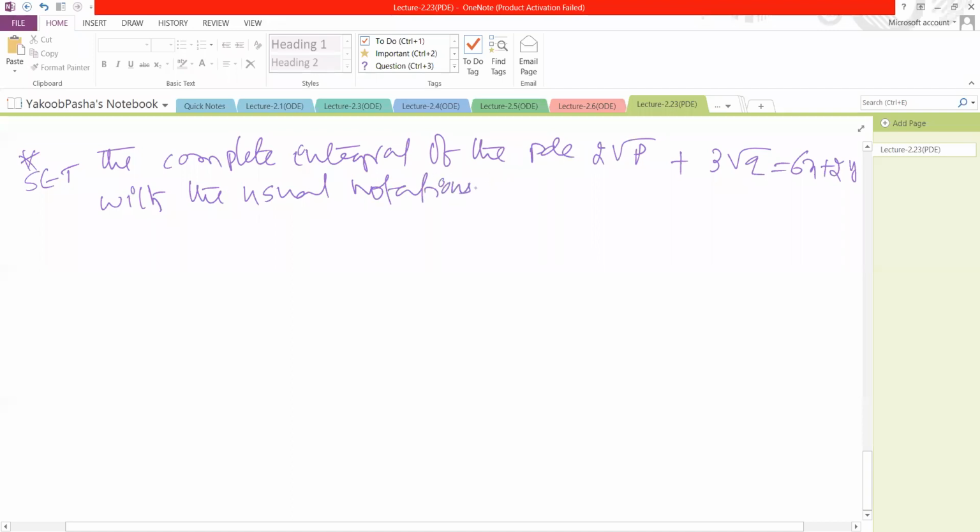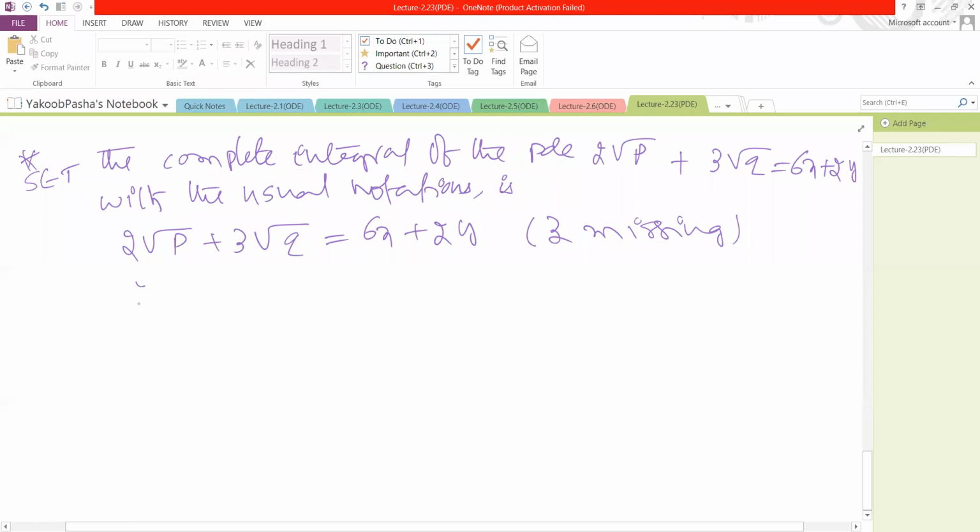So here we have p, q, x, y terms. So here z is missing. First I am writing the given equation, 2 into root p plus 3 into root q is equal to 6x plus 2y. Here clearly we can observe z is missing.